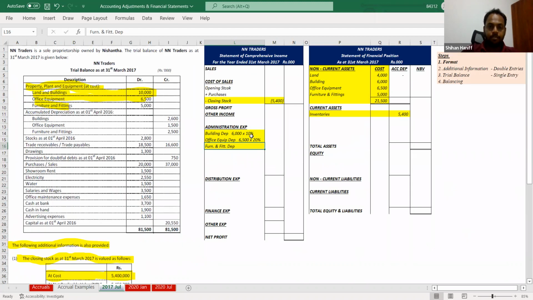Furniture and fittings 25%. Calculate the depreciation here.